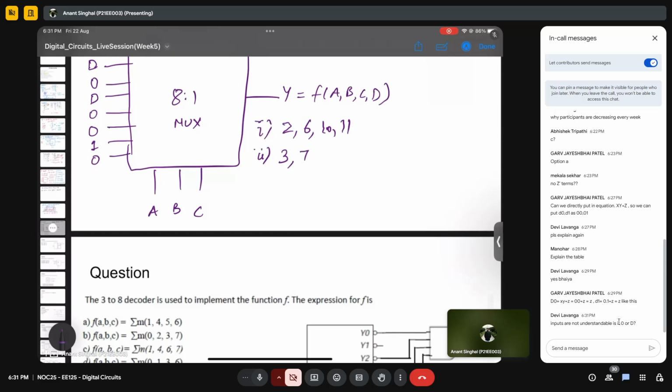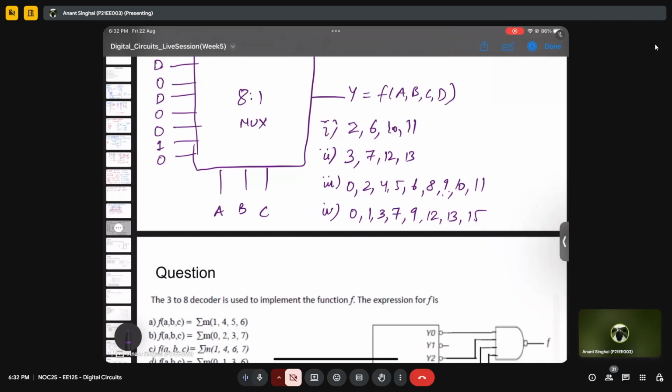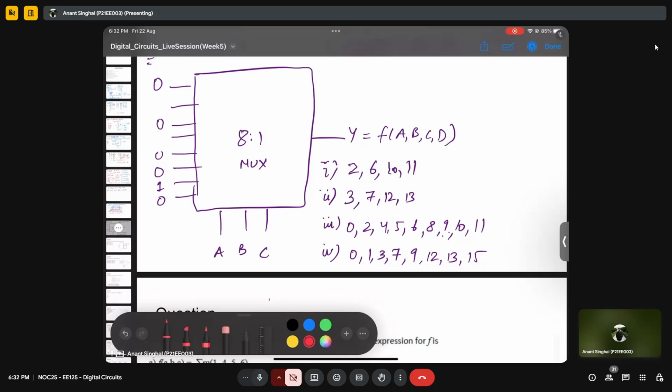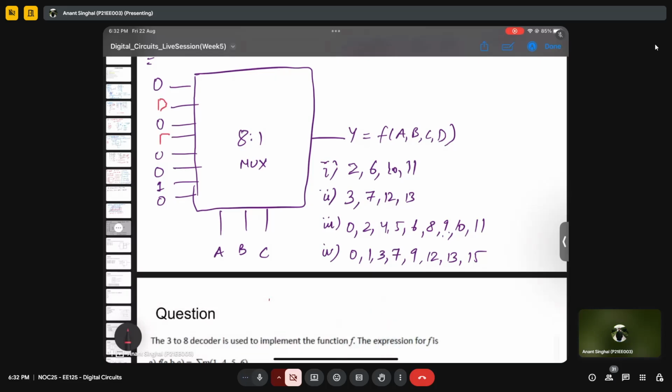The ones that are written in red are D. The rest of them are 0.